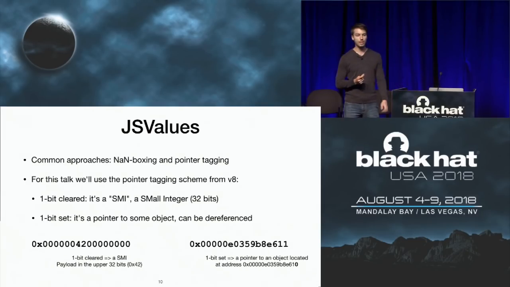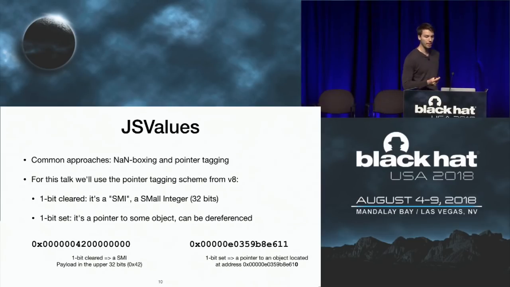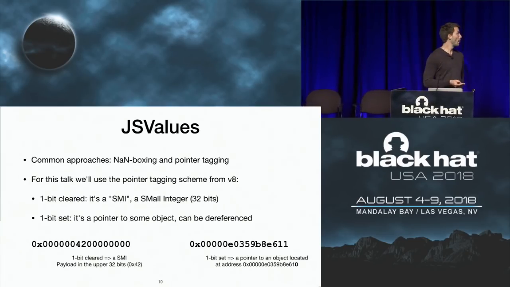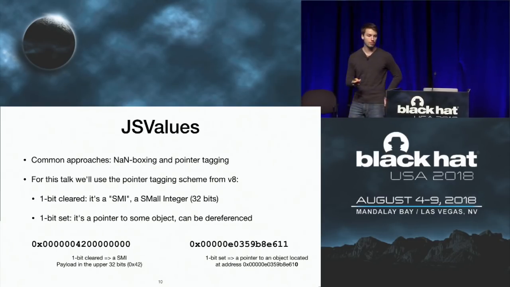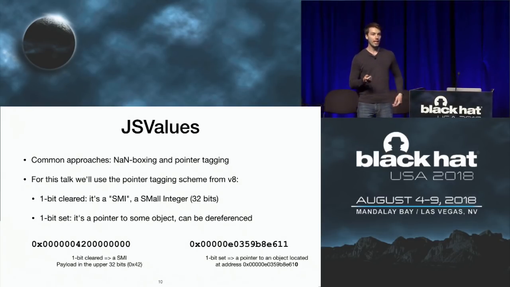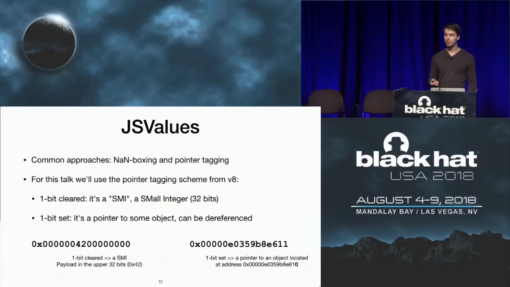There are two of those clever hacks, basically. One is called NaN-boxing, and the other is pointer tagging. For this talk, we'll talk about pointer tagging just because it's a bit simpler. Actually, we'll use the scheme from V8, the Chromium engine. In V8, a JavaScript value is basically an 8-byte value, assuming a 64-bit architecture.